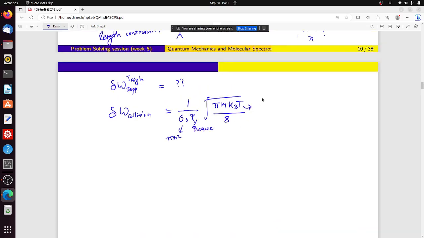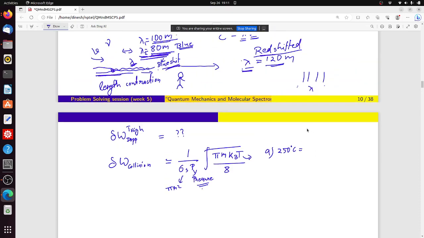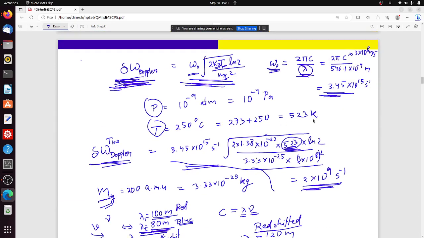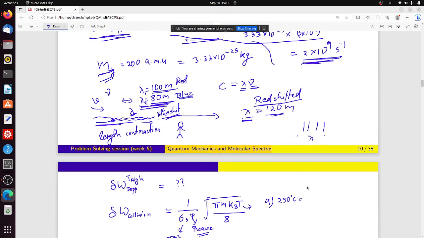For temperature, you have two conditions. Pressure also has two conditions. Case A, low temperature, is 250 degrees Celsius or 523 Kelvin, and pressure is 10 to the minus 9 atmospheric pressure or 10 to the minus 4 Pascal.